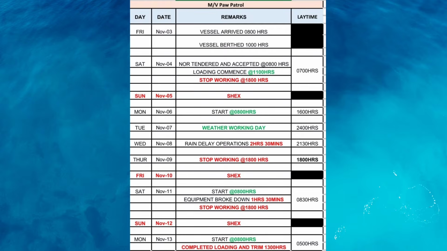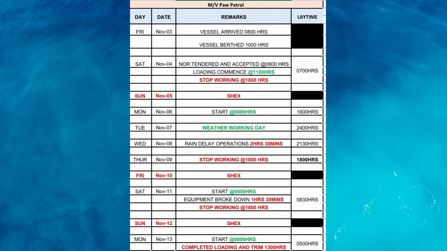So what you're going to do is subtract that 2 hours and 30 minutes that rain delayed operations from 24, and you will get 2130 hours.